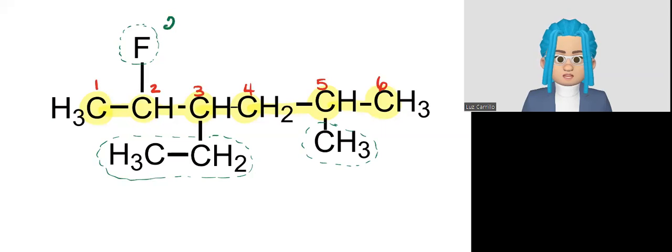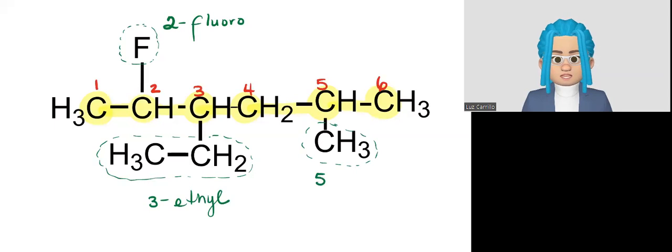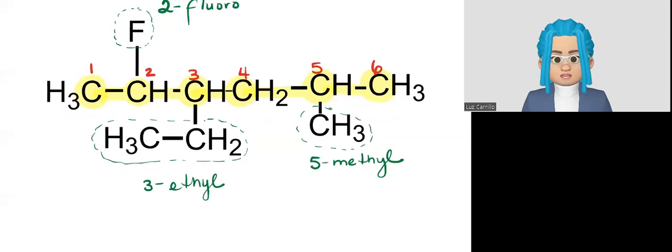So on carbon 2, I have a fluoro group. On carbon 3, I have an ethyl group. On carbon 5, I have a methyl group. My parent chain, because there's 6 carbons, that's going to be hexane.